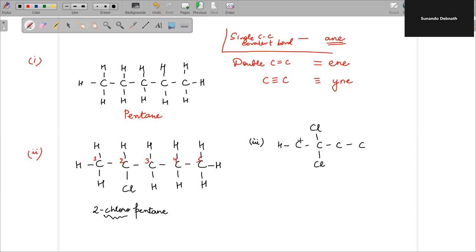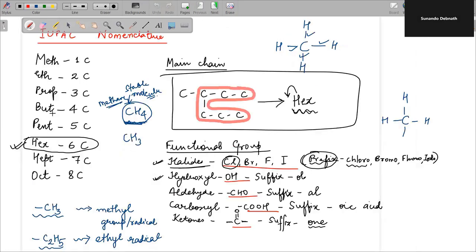So H, H, H, remaining tetravalencies are satisfied by hydrogen. So the base word would be but. Why? Because when you have 4 carbon atoms in the main chain, the base word is but, right?